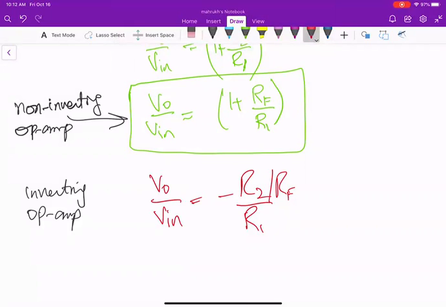The important thing to realize here is this negative sign. Even though in the ideal case V plus is equal to V minus, when solving for V naught over V in in the inverting case, you get a negative in the output. That's why the positive and negative terminals are important. For the non-inverting op amp you get a positive gain, and for the inverting op amp you get a negative gain.